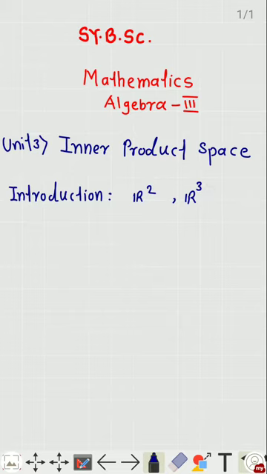We are also familiar with the properties of vector spaces. Vector spaces are also known to you. We can define the concept of magnitude, distance and angle in plane or in space in terms of dot product. In this chapter, we shall generalize the concept of dot product to an arbitrary vector space.